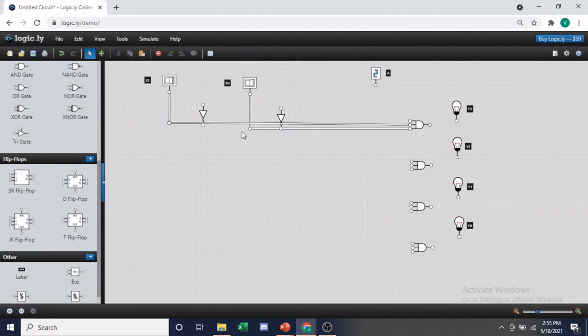So this is how it is connected. And then for Y2, S1 is 1 and S0 is 0. So we cross this NOT gate and the input is from the output of the NOT gate. So this is how the Y2 combination is given.